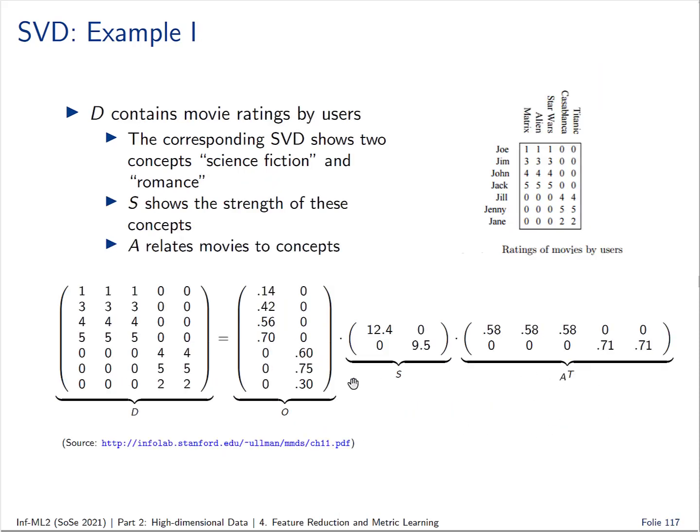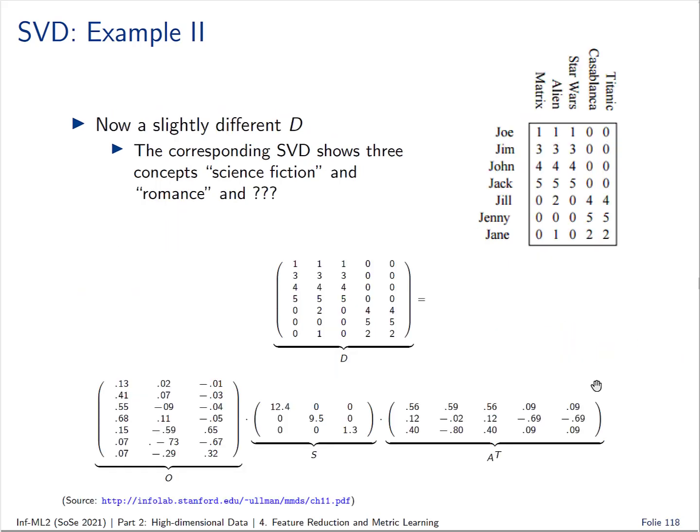We don't do that here because the S values are quite high in both cases. But we could also set this to 0, which would reduce the whole thing to the first concept. So we would only model this concept with this new feature, and omit the second concept, which is this feature actually. So that is the basic idea.